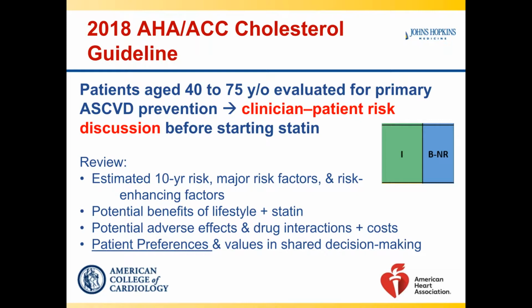There's even women-specific factors such as preeclampsia and early menopause. You can talk to them about the benefits of lifestyle plus statins, the potential for adverse effects, understand their patient preferences, and come up with a shared decision-making plan.